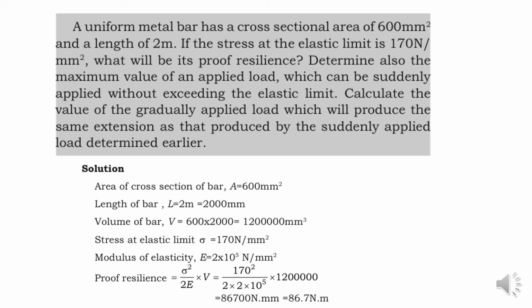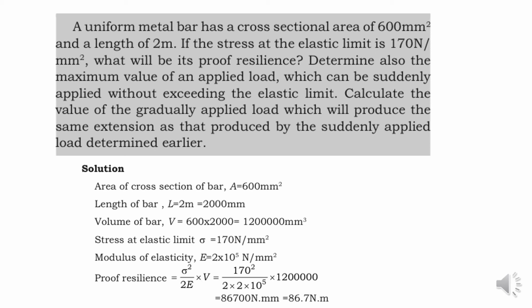Now we find the stress required for the proof resilience value, which is given in the question as 170 Newton per mm square. The modulus of elasticity is not given in the question. If Young's modulus value is not given, you can assume it as 2 into 10 raised to 5 Newton per mm square.